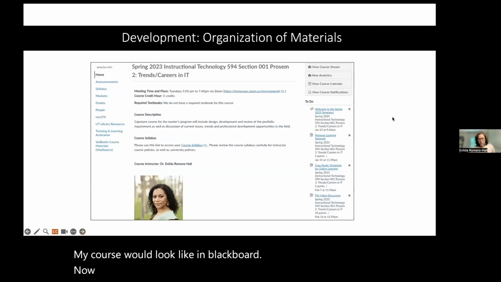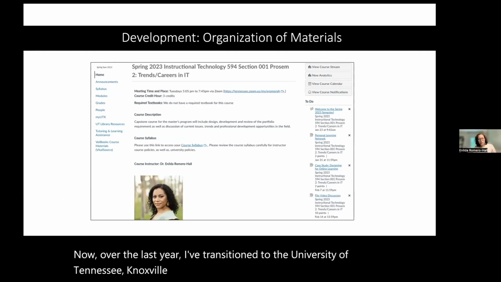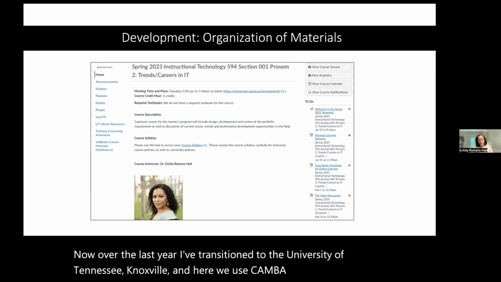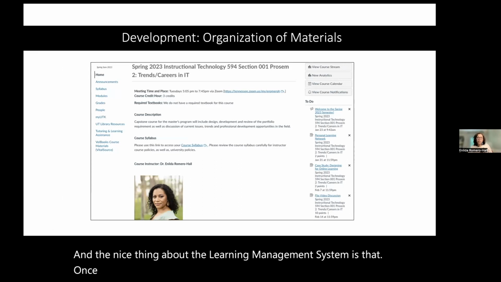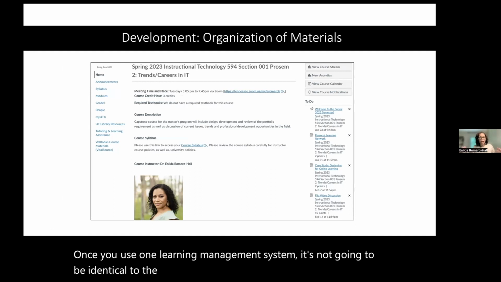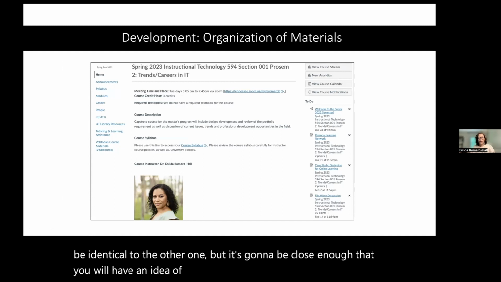Now, over the last year, I've transitioned to the University of Tennessee, Knoxville, and here we use Canvas. And the nice thing about the learning management system is that once you use one, it's not going to be identical to the other one, but it's going to be close enough that you will have an idea on how to navigate.